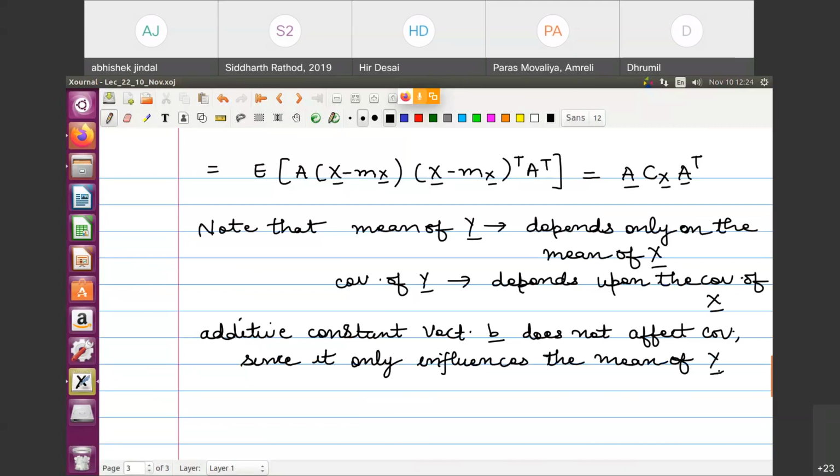This we have already seen in the case of random variables.